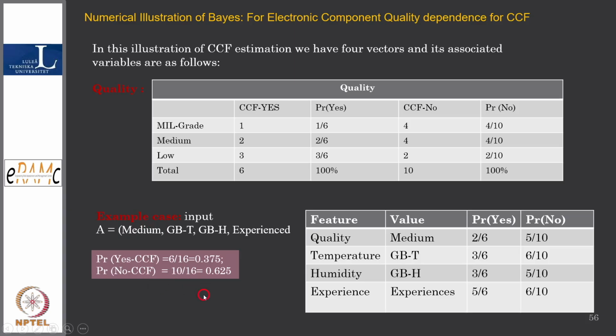That means in the last column, we have the total number of yes and the total number of no, and we estimated this probability. Now let us say some feature we take, quality medium 2 by 6, 5 by 6, temperature this thing, and we came to this probability, the probability for yes and the probability for no.